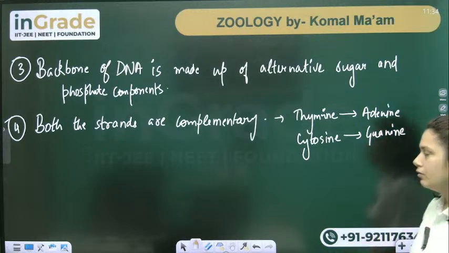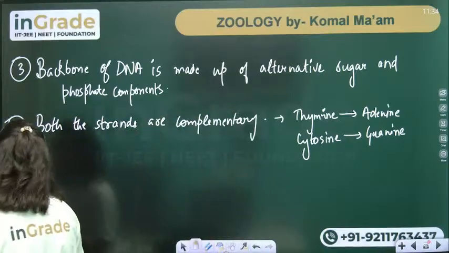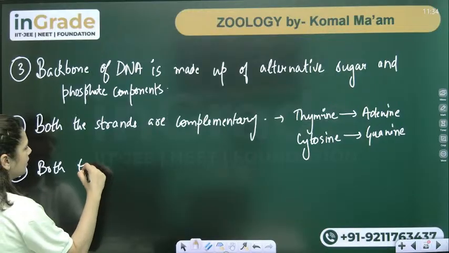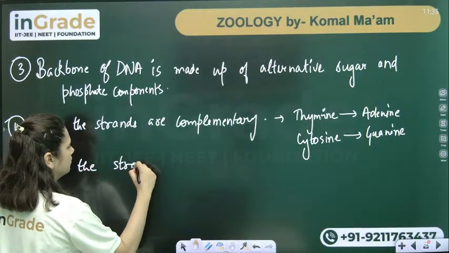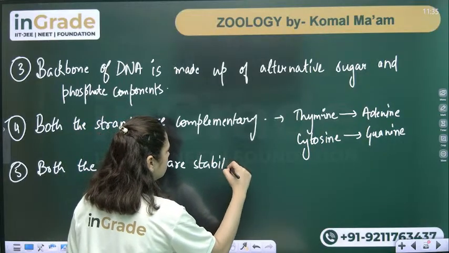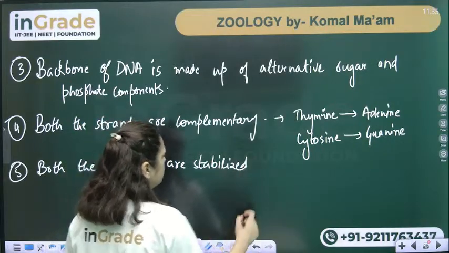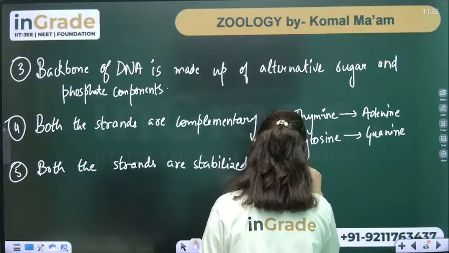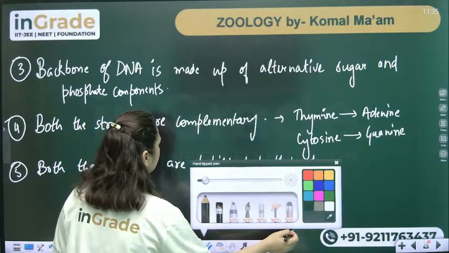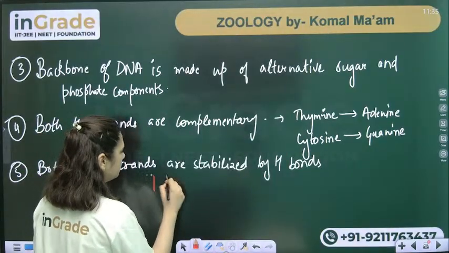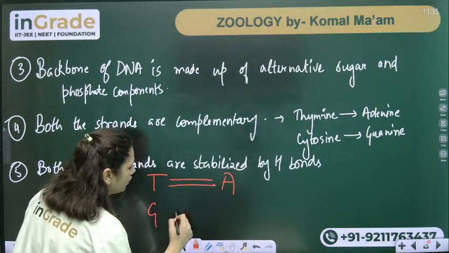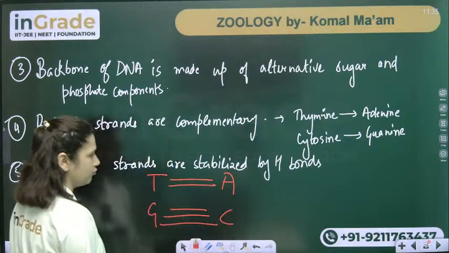Okay, both the strands are stabilized by hydrogen bonds, as we have already seen, in which thymine and adenine have 2 hydrogen bonds and guanine and cytosine have 3 hydrogen bonds.